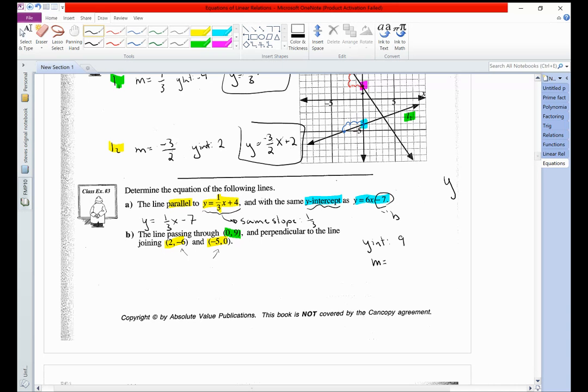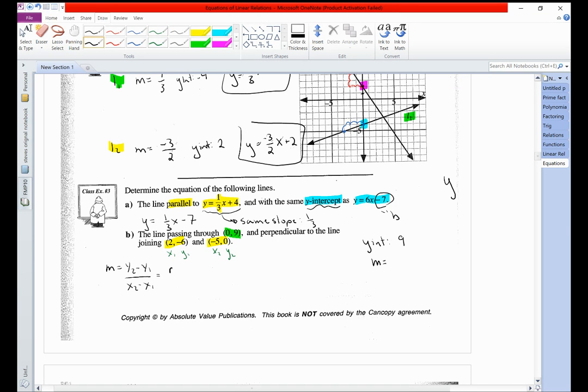So we're going to use the slope formula. m is equal to y2 minus y1 over x2 minus x1. We know that we can make either of these point 1 or point 2, so I will say x2, y2 and x1, y1.